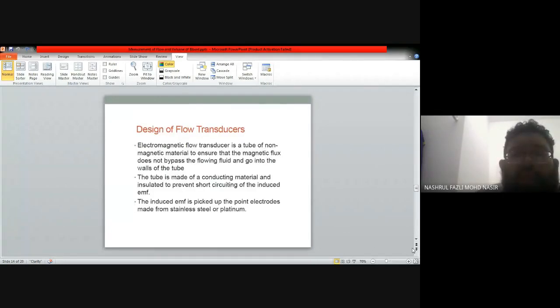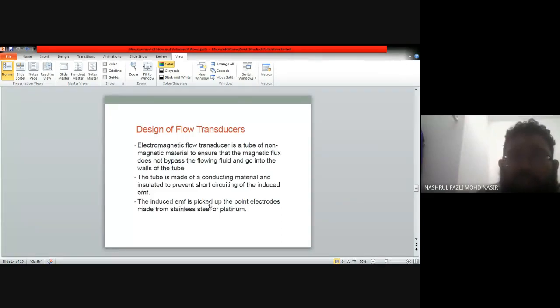Design of flow transducer. The electromagnetic flow transducer is a tube of non-magnetic material to ensure that the magnetic flux does not bypass the flowing fluid and go into the walls of the tube. The tube is insulated to prevent short circuiting of the induced electromagnetic field.